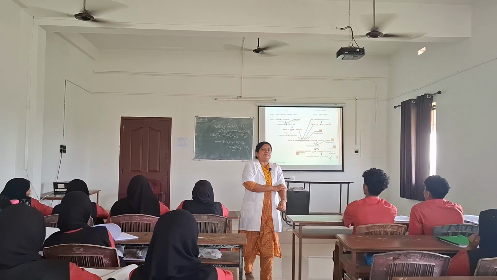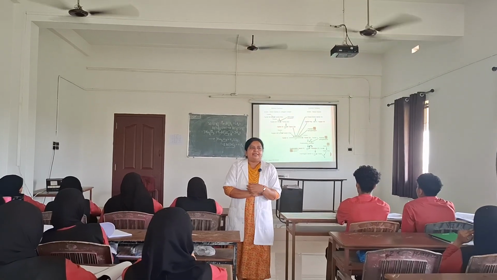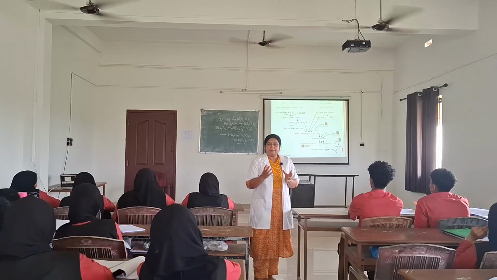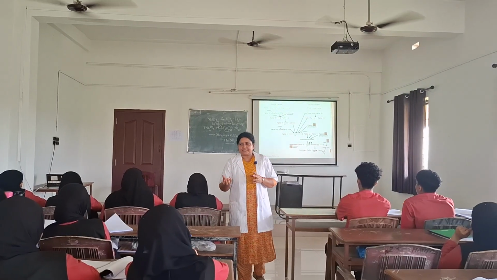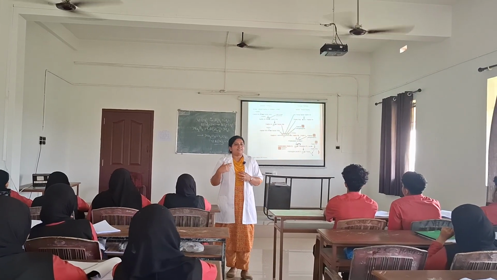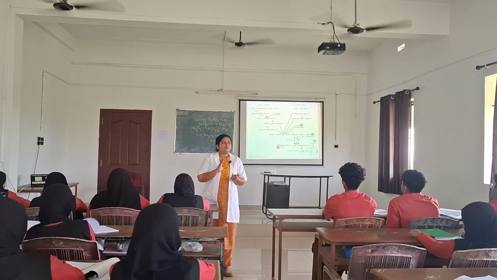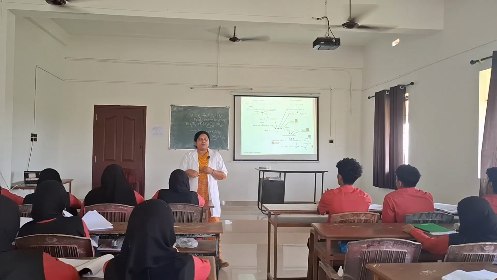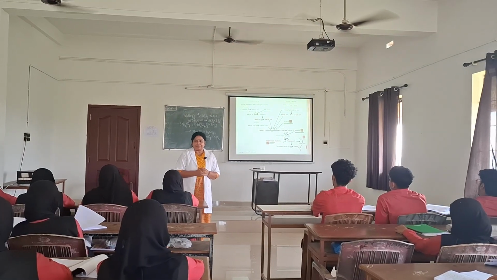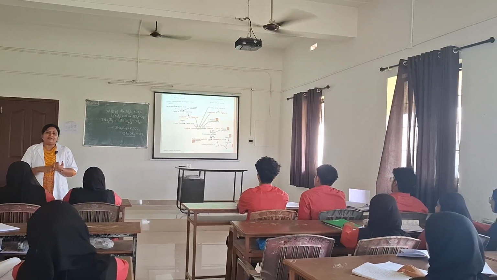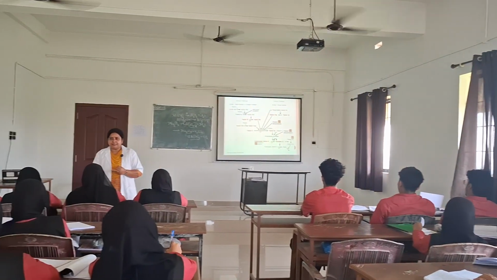So what is the intrinsic pathway? If the inside of the blood vessel is injured, collagen is exposed. Blood comes in contact with the collagen, and first, which clotting factor is activated? Factor 12. Inactive clotting factor 12 is converted to active clotting factor 12. Active clotting factor 12 converts inactive clotting factor 11 to active clotting factor 11.